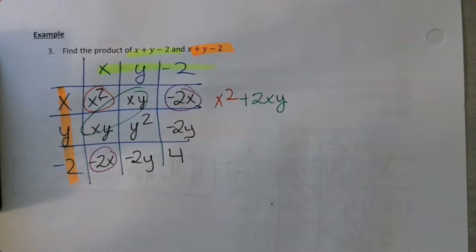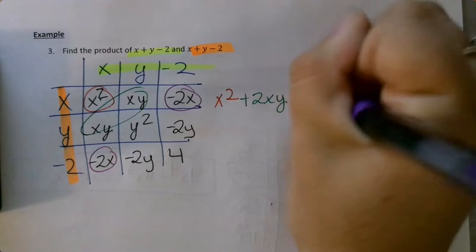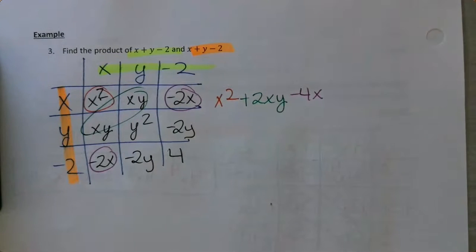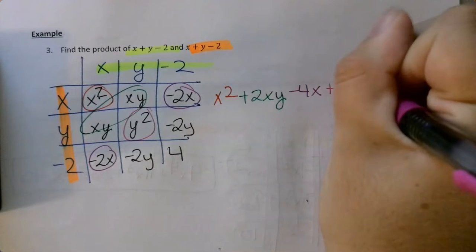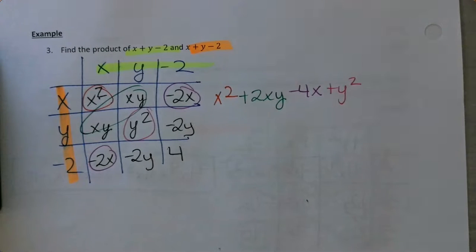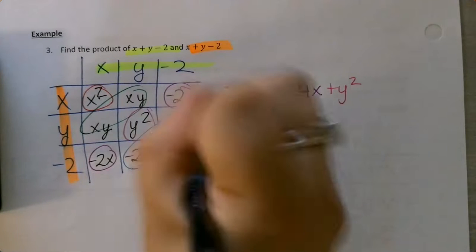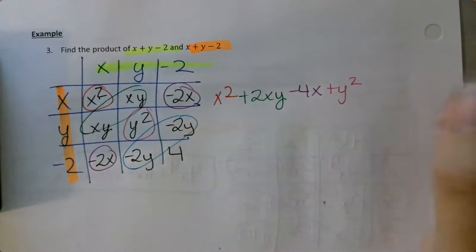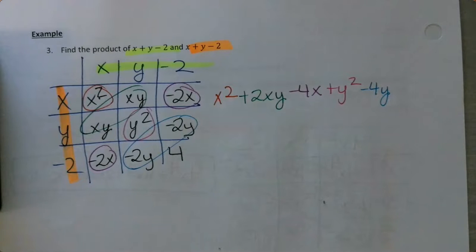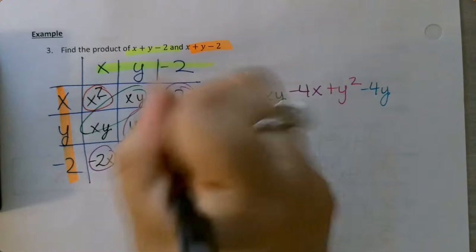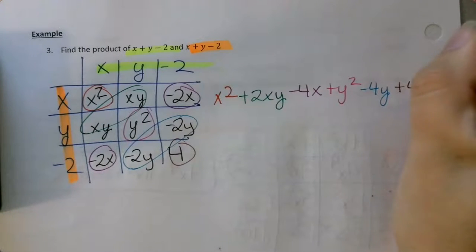I have negative 2x and negative 2x. Negative 4x. I have just this y squared. Negative 2y and negative 2y. And this 4 at the end is positive.